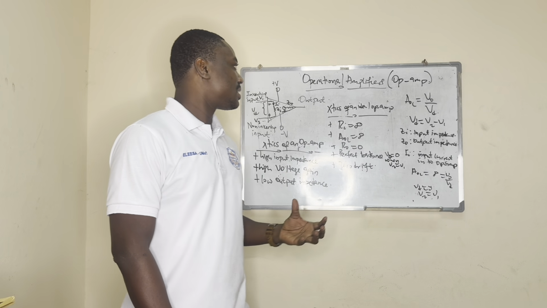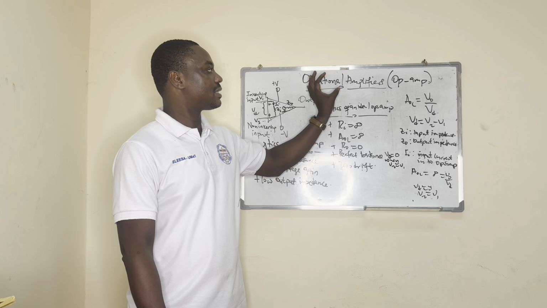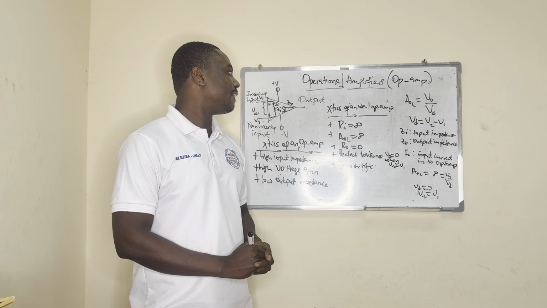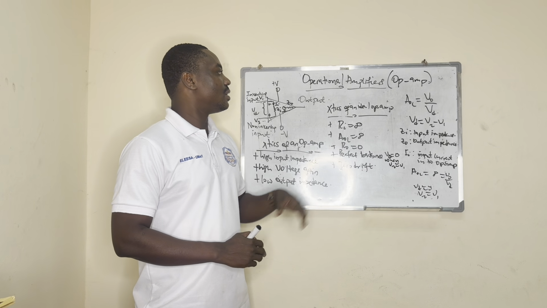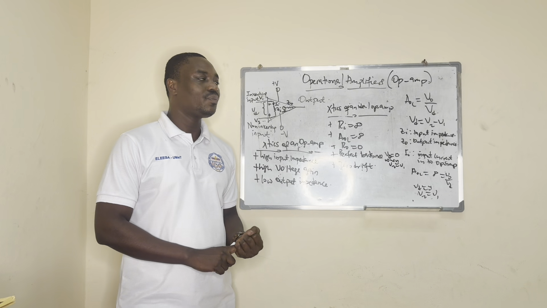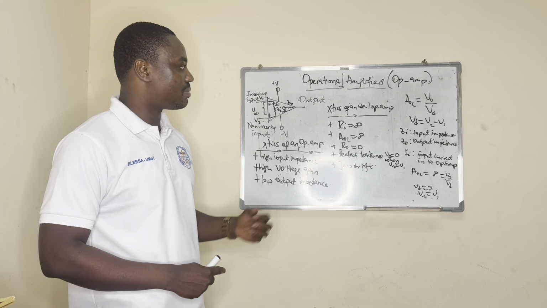When it comes to operational amplifiers, these are amplifiers designed to perform mathematical operations, right? That was the initial intended purpose. But nowadays, we can use them to perform other activities other than mathematical operations.